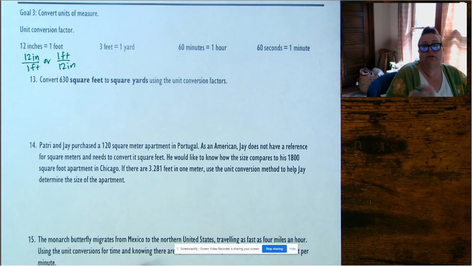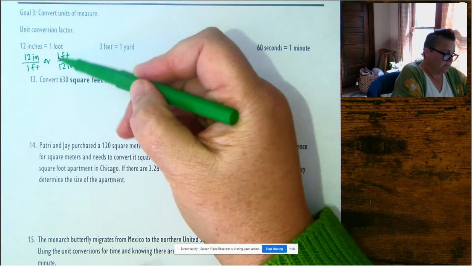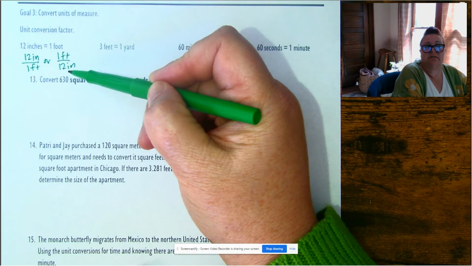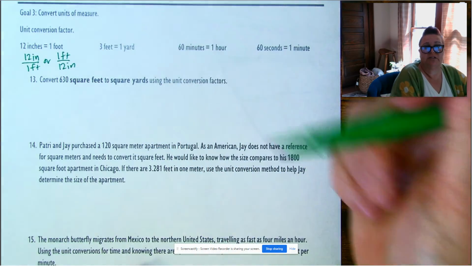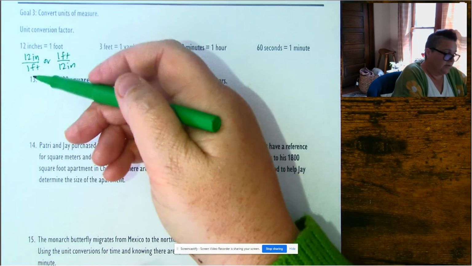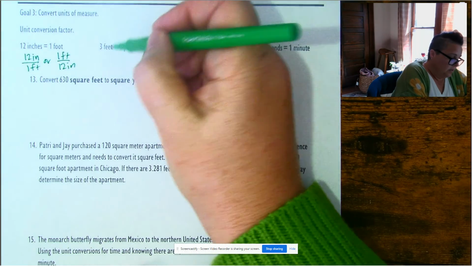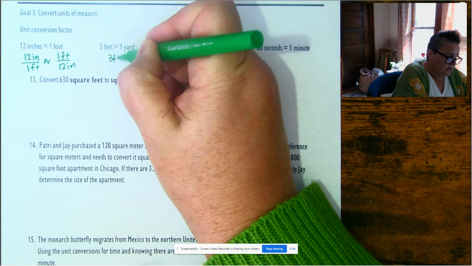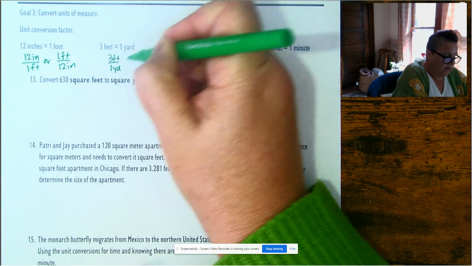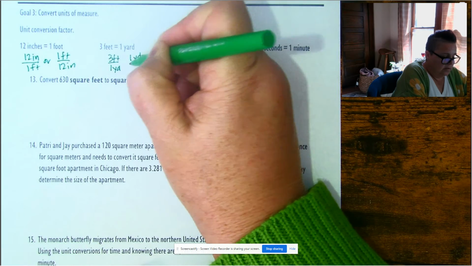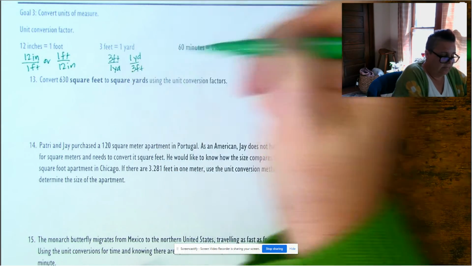Because 1 foot and 12 inches are two different ways of saying the same thing, you essentially are just using one. So 3 feet is to 1 yard, the same way that 1 yard is to 3 feet.